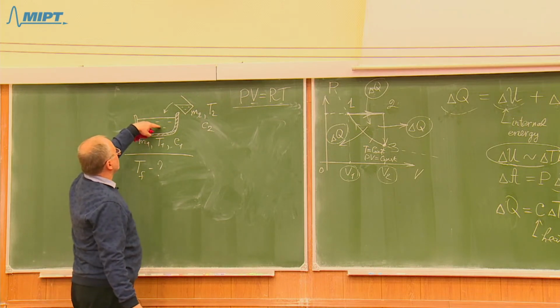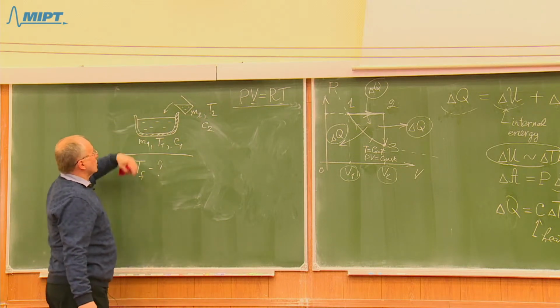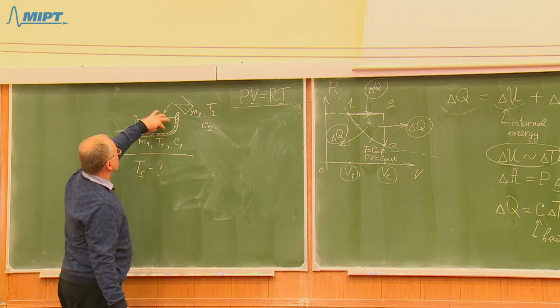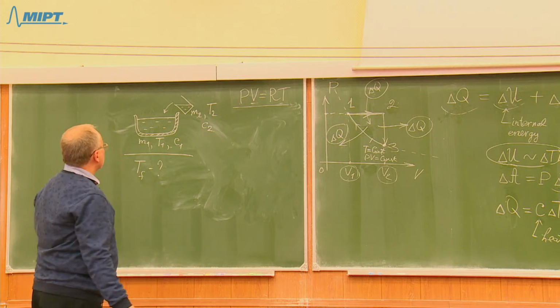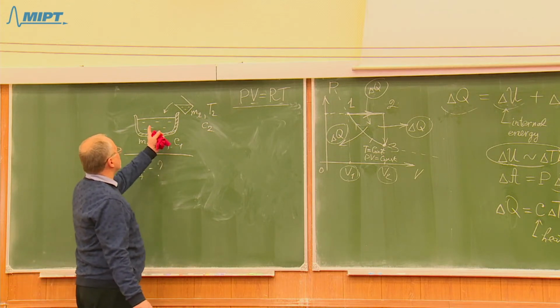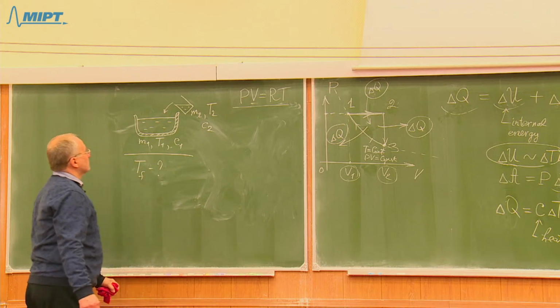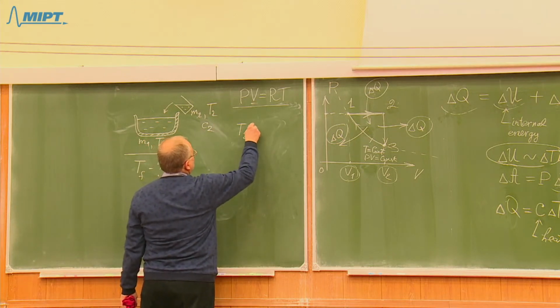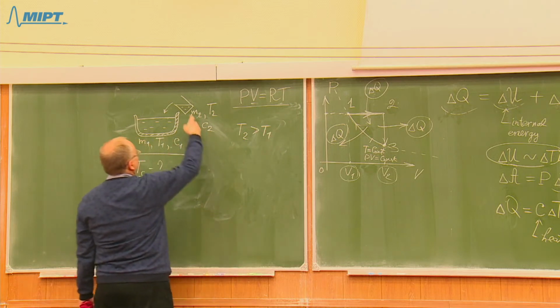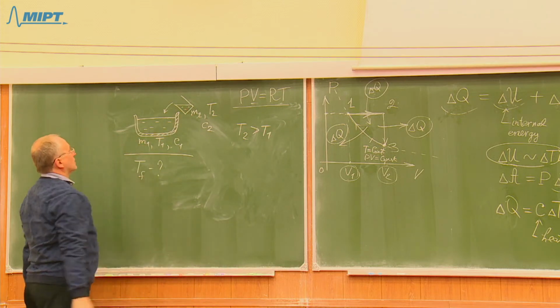It means that this vessel must be closed with some lid above it, so as to exclude any heat exchange with surrounding bodies. So we consider only the heat exchange between these two liquids. Suppose temperature T2 is larger than temperature T1. So this is the hot liquid and this is the cold liquid.